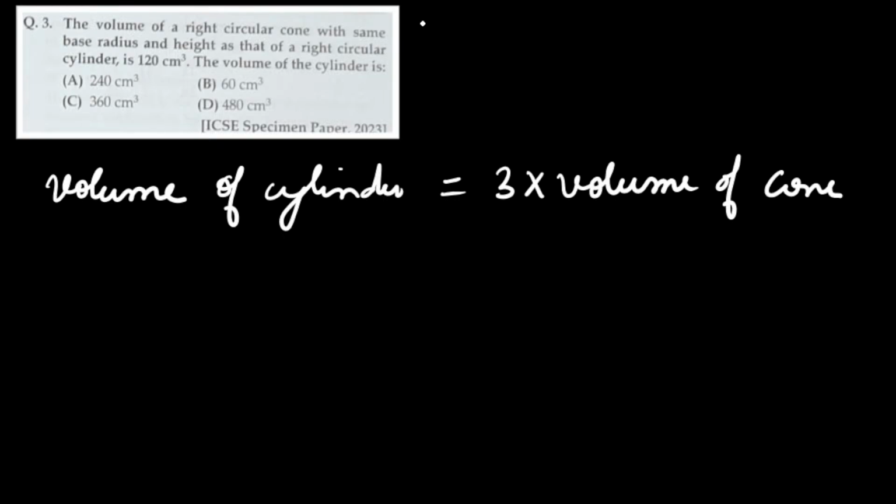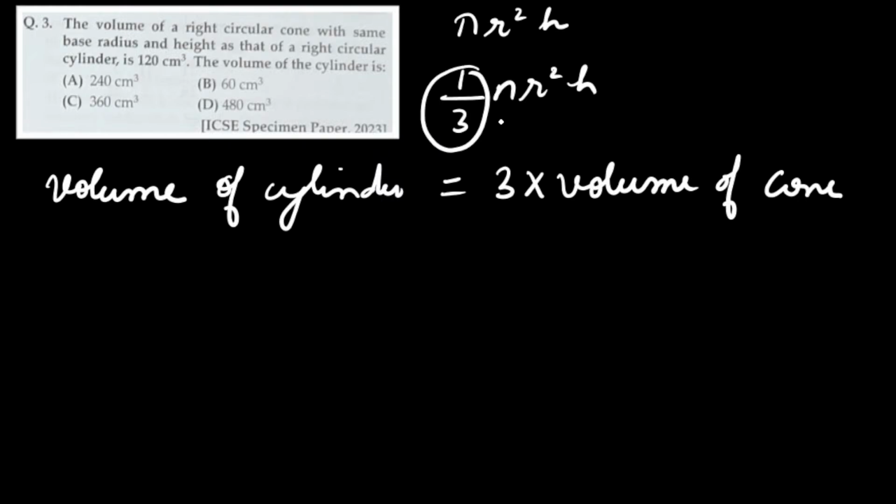And if you know the formula, the cylinder's volume formula is pi r square h, whereas the formula of cone is 1 by 3 pi r square h. You can see 1/3, cone is 1/3. So if I have to write in terms of cylinder, as a short formula you can remember: volume of cylinder is 3 into volume of cone, or volume of cone is 1 by 3 into volume of cylinder.